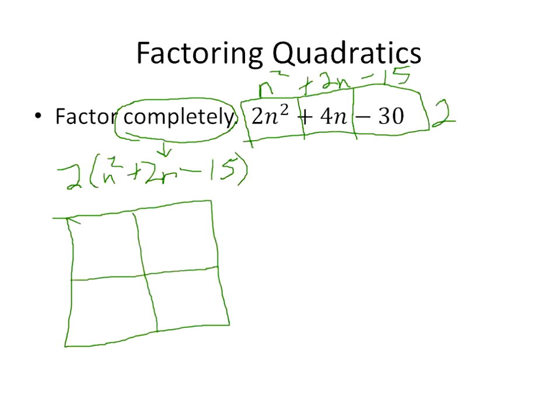And again, I know that the n squared is going to go here. My negative 15 is going to end up here. These are the patterns we've done before. And then I have to split the 2n between the other two boxes. Well, I'm not quite sure how to do that, so let's use our tool. We know that the 2 is going to go here for the 2n. We just don't need to write the n on it.